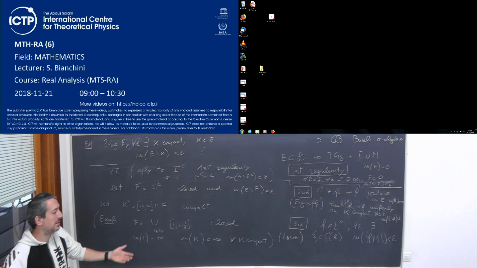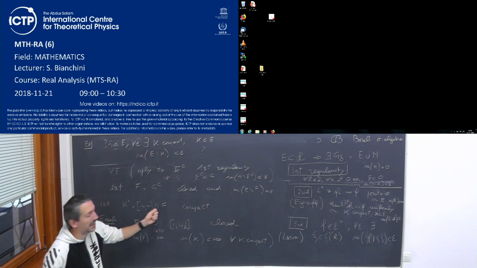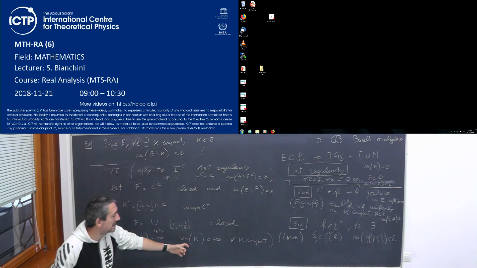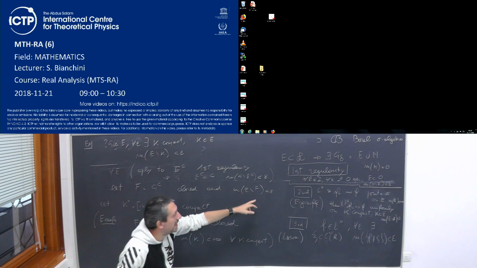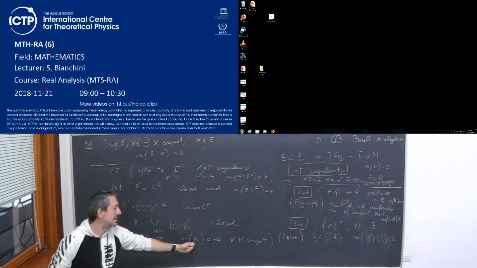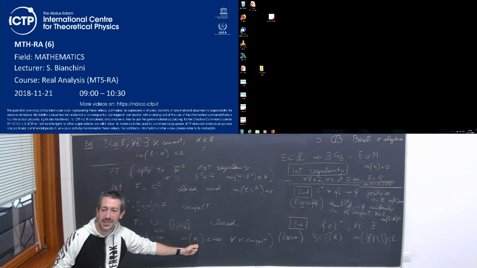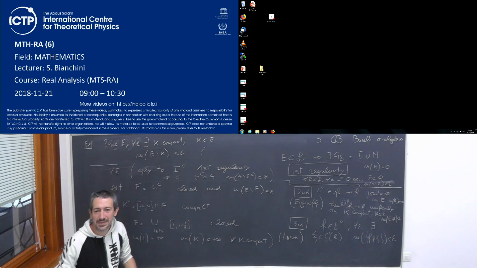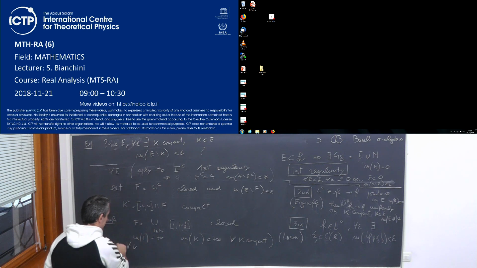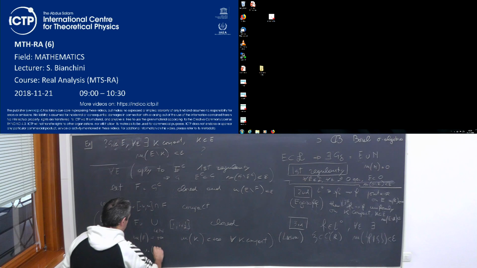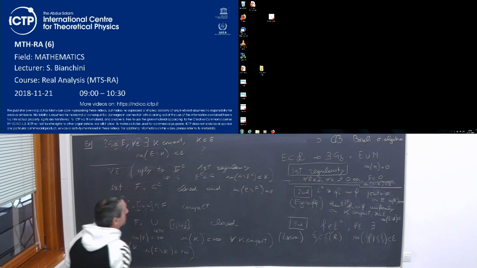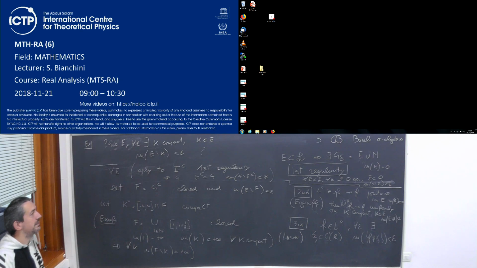Otherwise, if the compact has measure n, adding a set of measure epsilon, I should get the measure of F. But the compact is bounded, and any bounded set plus epsilon is bounded. So for all compact K, the measure of F minus K is infinite. Okay, so we have the answer here.